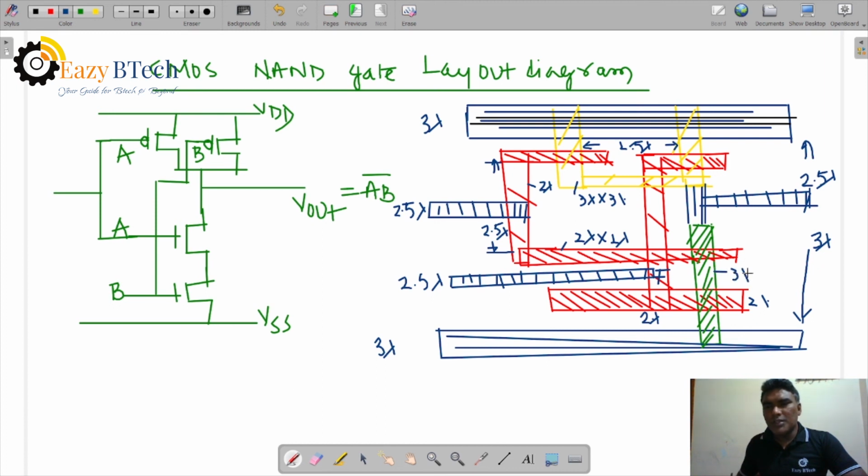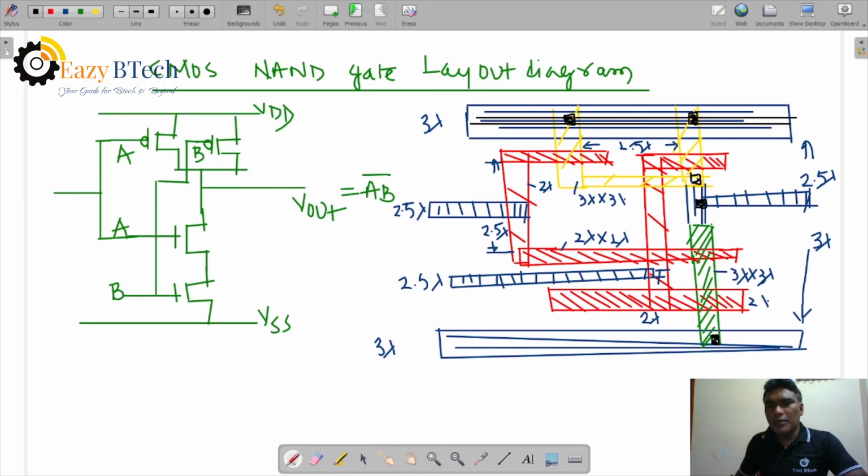Diffusion is 3 lambda into 3 lambda, and the contact area is 2 lambda into 2 lambda. This is a contact area, P plus diffusion and metal 2, and metal 1, right?